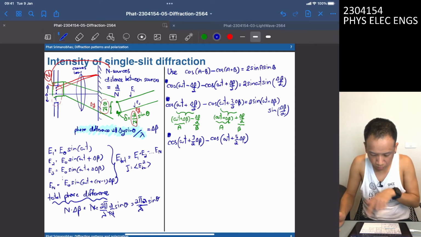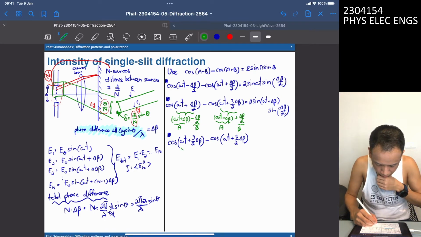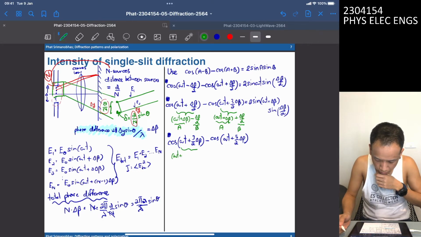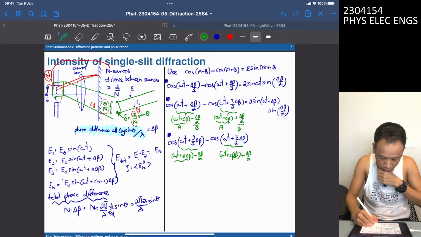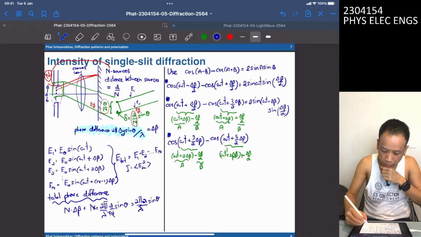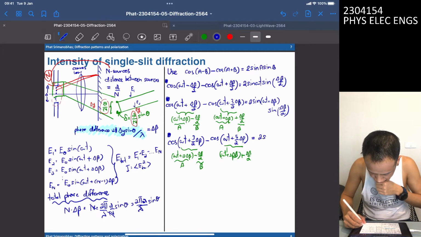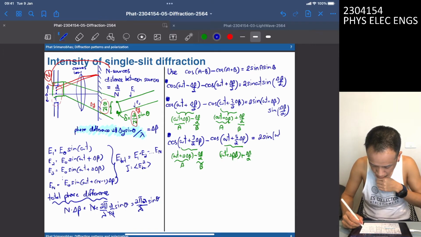In this case you can see this is the same, so this term looks like omega t plus 2 delta beta minus delta beta over 2, and this term is omega t plus 2 delta beta plus delta beta over 2. This is A, this is B, so you get 2 sine omega t plus 2 delta beta times sine delta beta over 2.